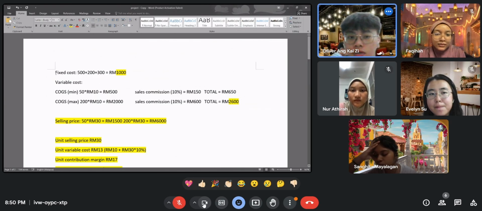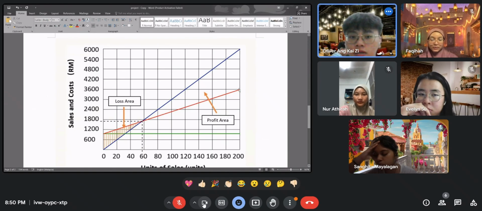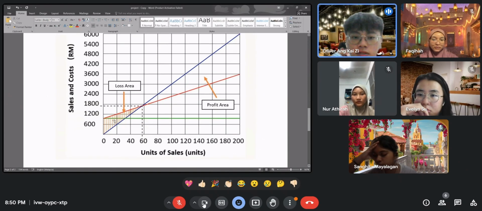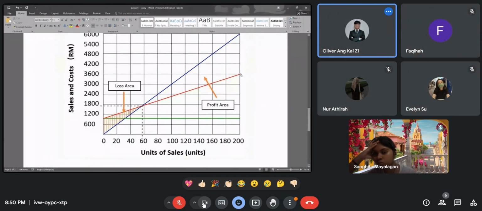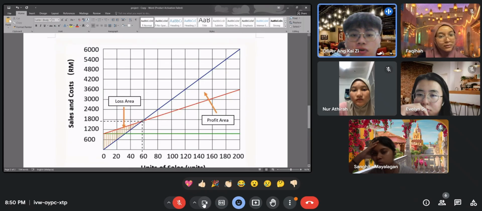So we add the fixed cost with the variable cost of 2,600, so we got 3,600. Then we start with the fixed cost at 0 units of sales, and draw to 3,600.